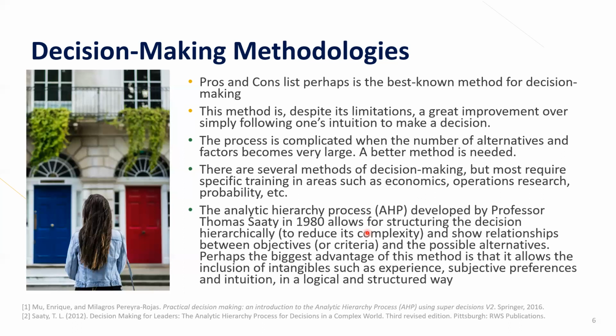Now, what are the criteria? For example, the criteria may be your economic capability, your housing needs, and your family consideration. Those are the criteria that you want to use to select among those alternative decisions.